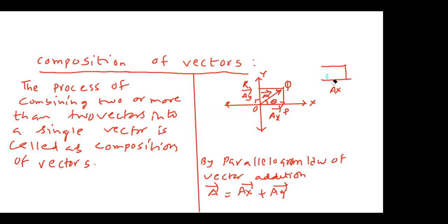Now the process of combining two or more than two vectors into a single vector is called as composition of vectors. Then draw that diagram.